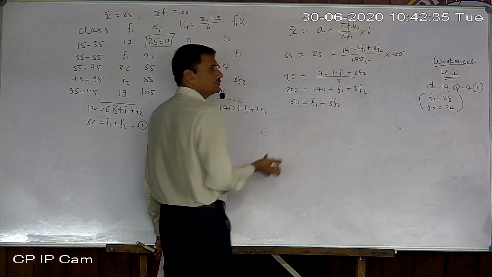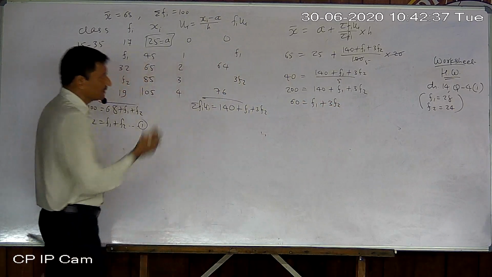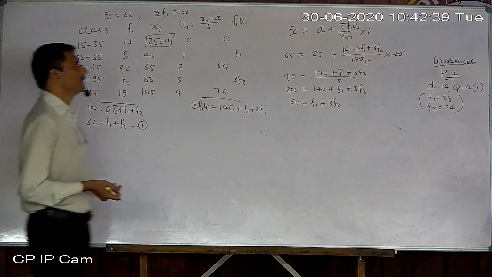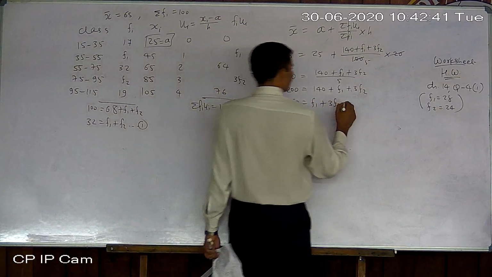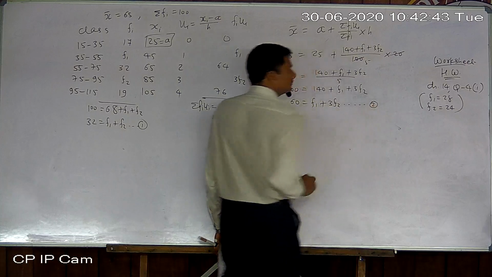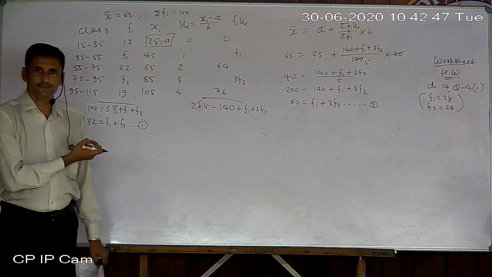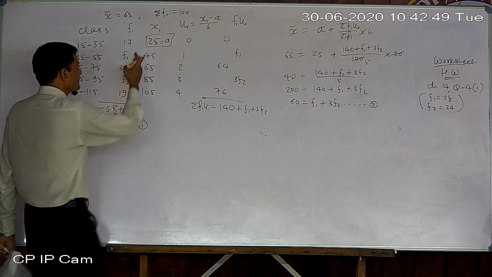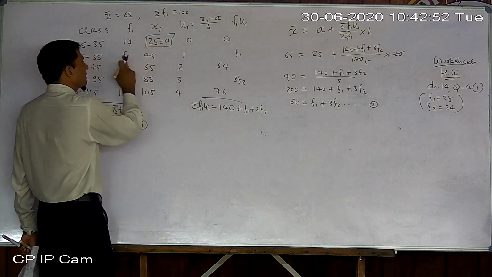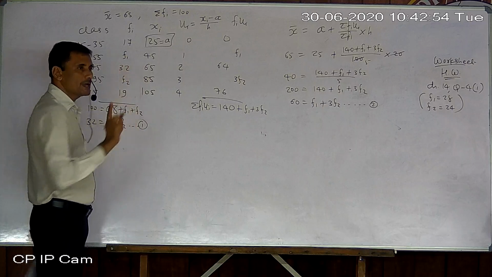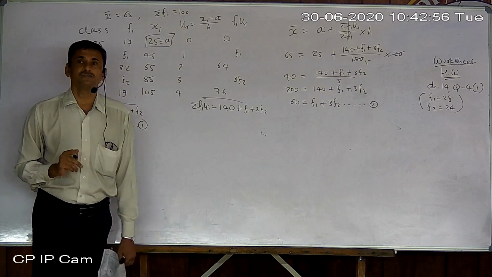Now what can we do? Nothing. That is another equation. Okay, so this is equation number 2. So that is the problem. Why are we not supposing A at the first row, but eliminating any one frequency?